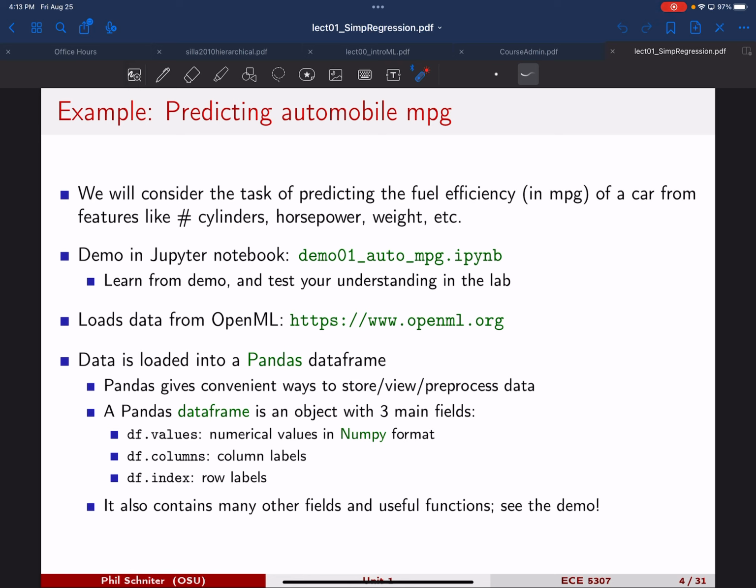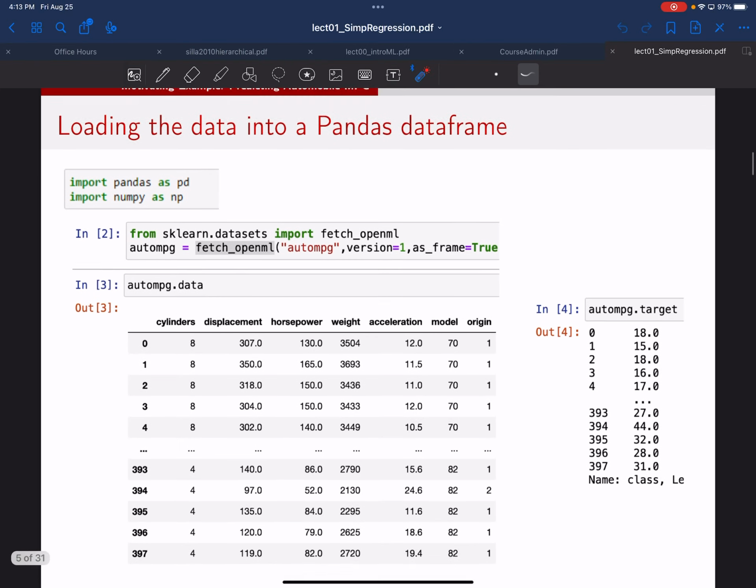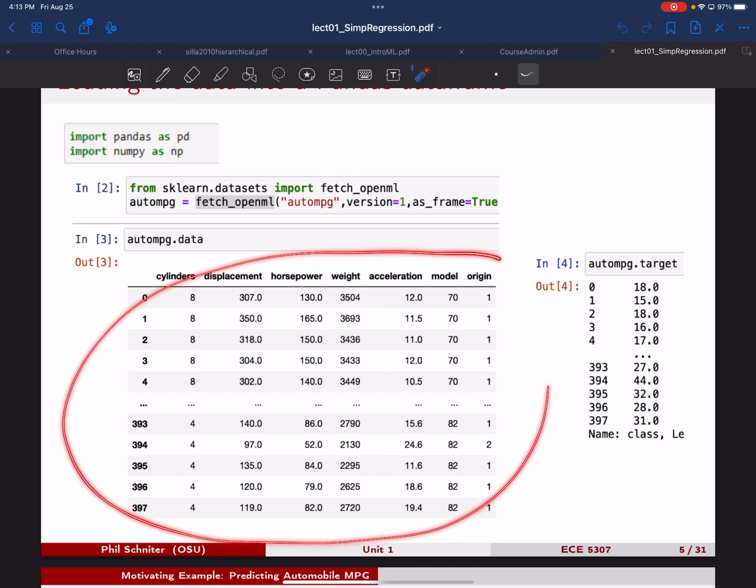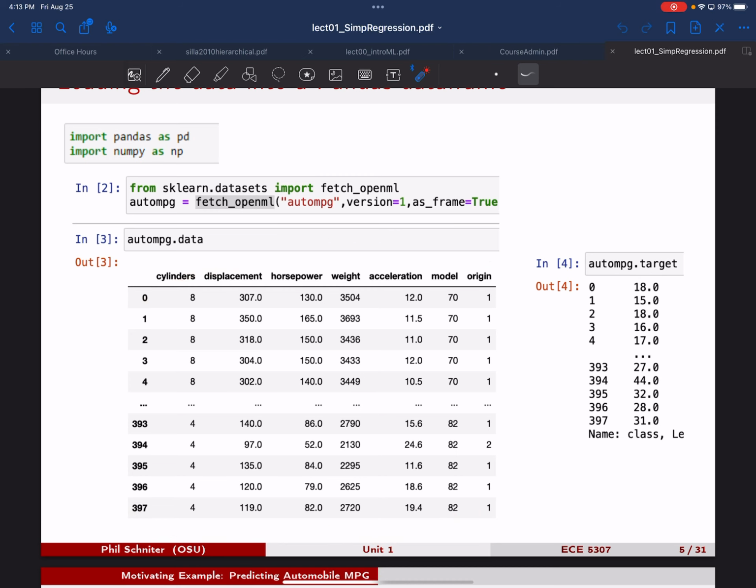So columns in this case, this is an example of what you get when you print out a Pandas data frame. Every one of these rows is a sample in the data set. Essentially, these are the features or attributes that we're using to do the prediction.